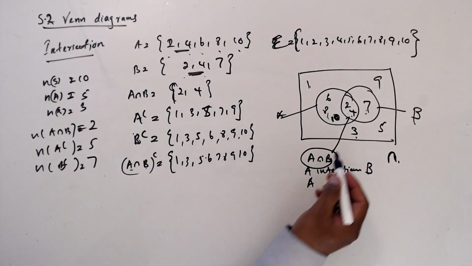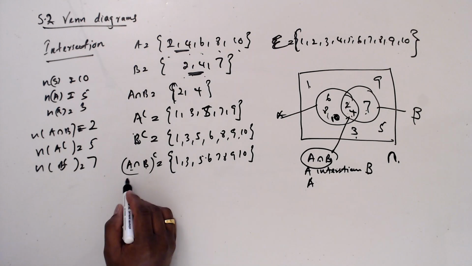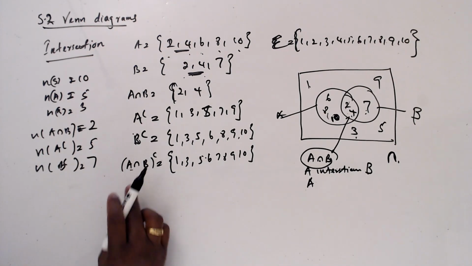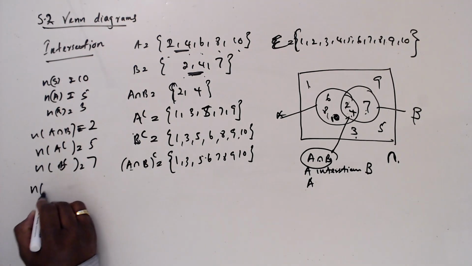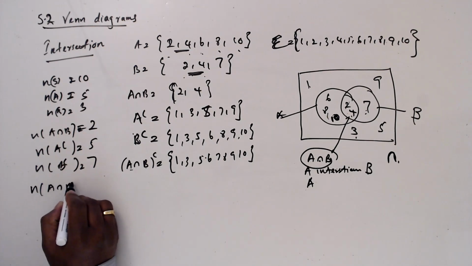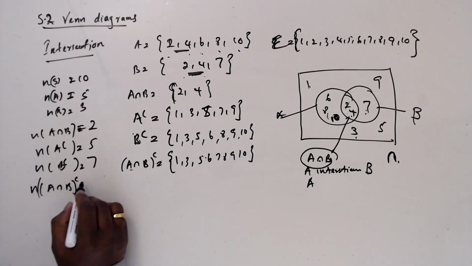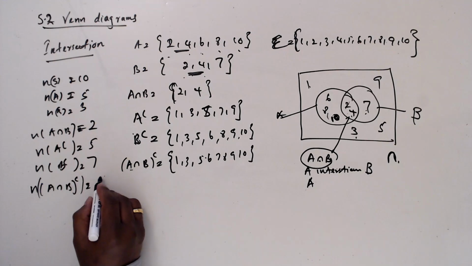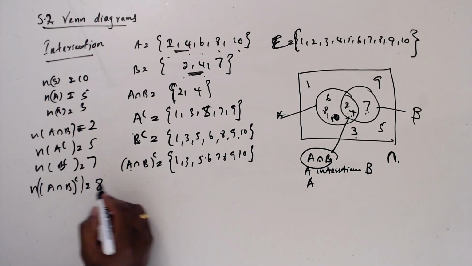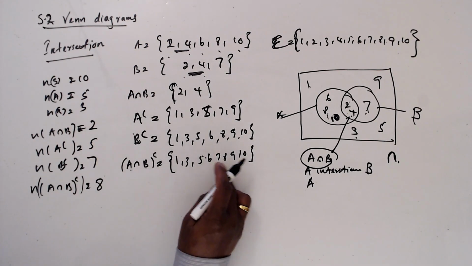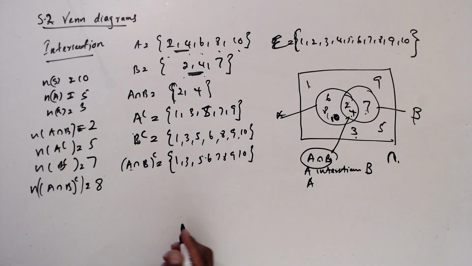All the elements without 2 and 4, because they belong to the intersection part. So the complement of A intersection B is going to have 8 elements.